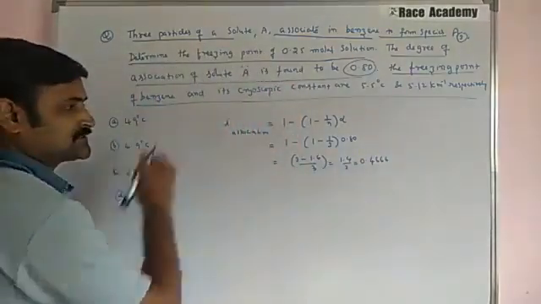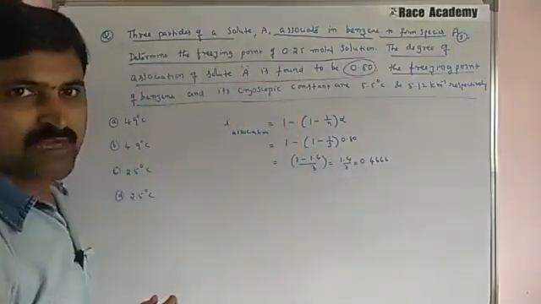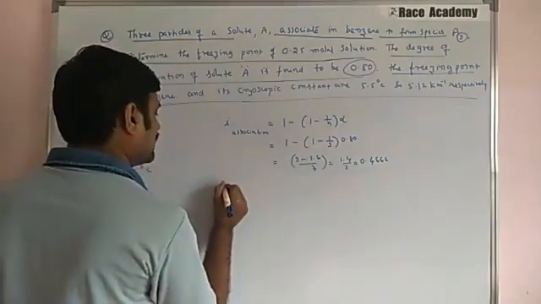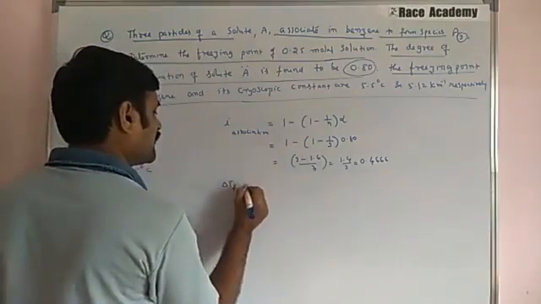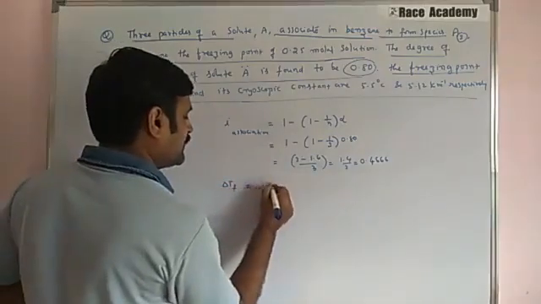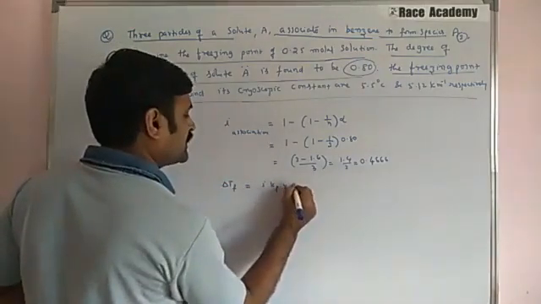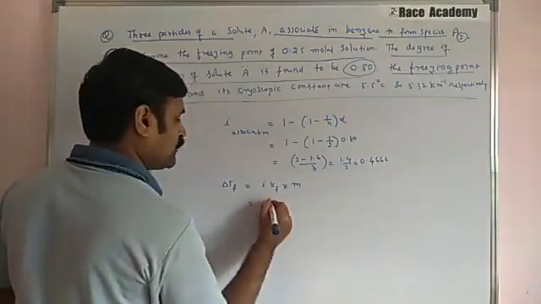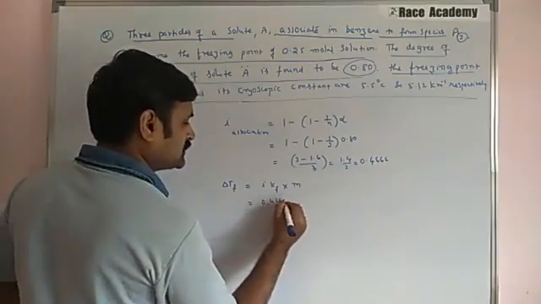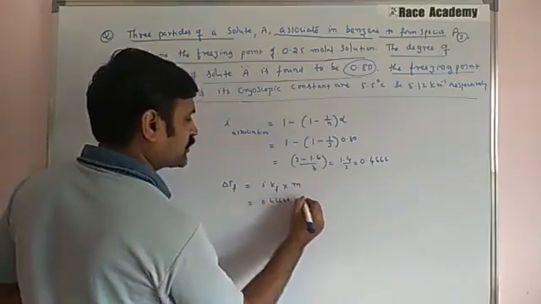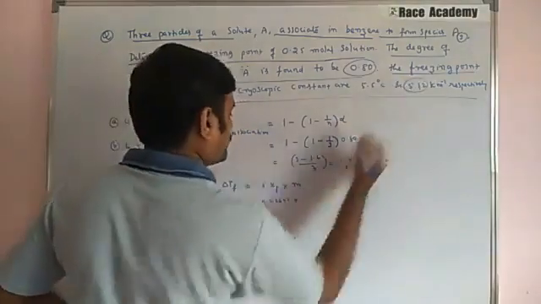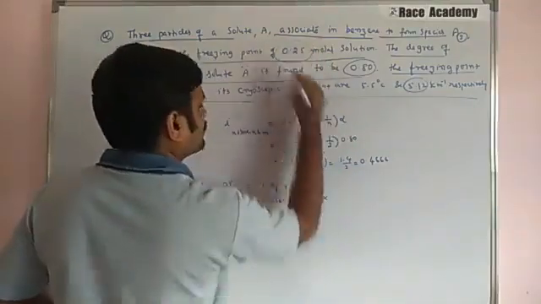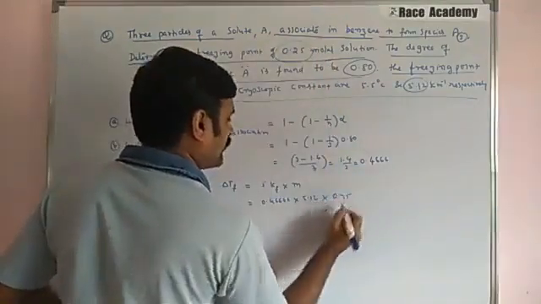This is the association value, the I value. We know the other thing, the delta TF formula. Delta TF is equal to I into Kf into molality. We already have the I value, 0.466, into the Kf value given in the problem, 5.12, into the molality given in the problem, 0.25.